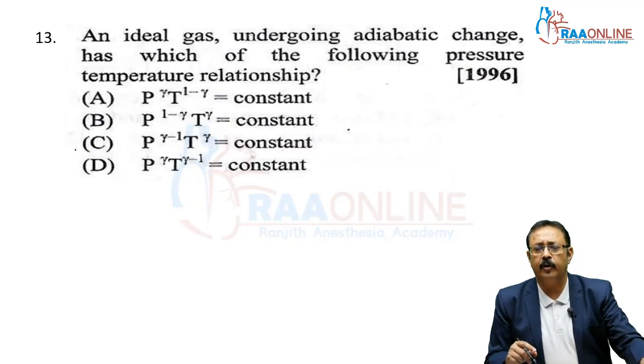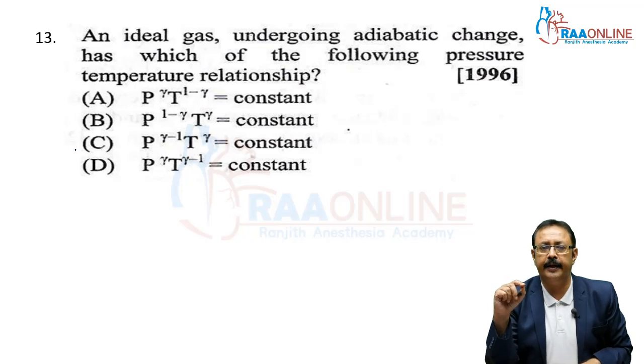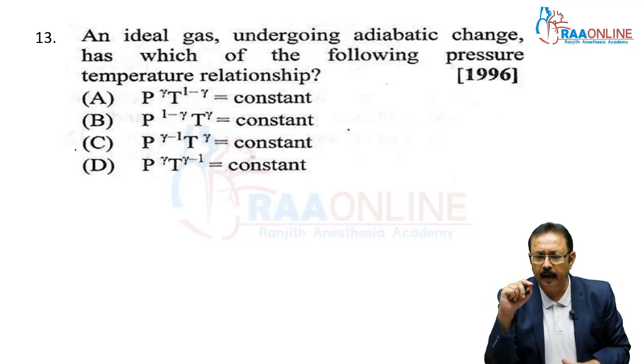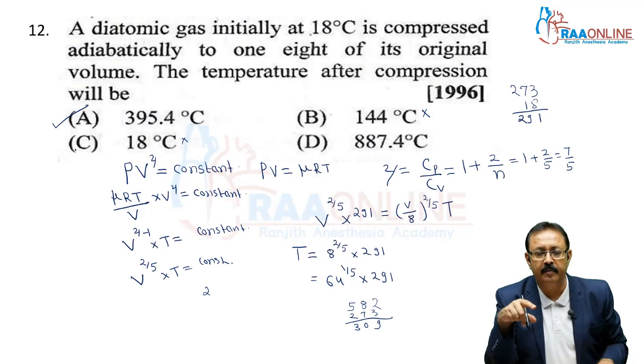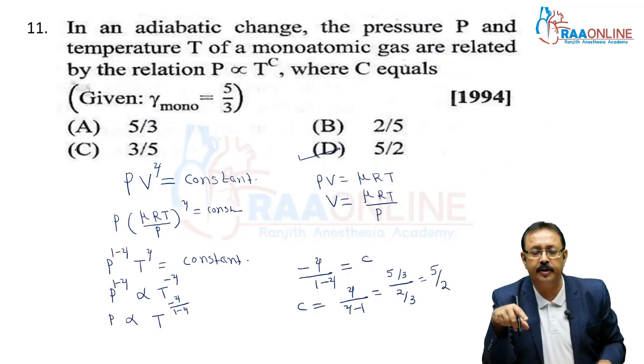Next is again from 1996 AIPMT. An ideal gas undergoing adiabatic change has which of the following pressure temperature relationships? We just established the pressure temperature relationship. See, it was again one adiabatic change.